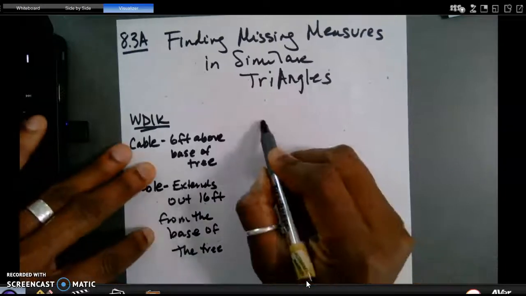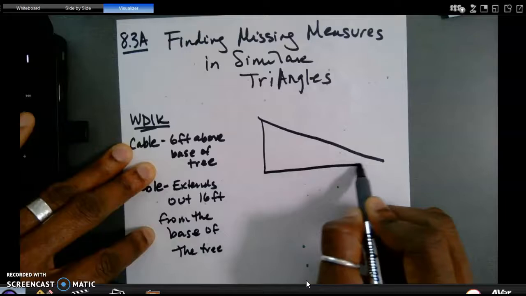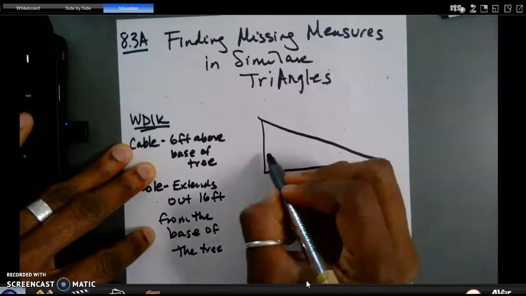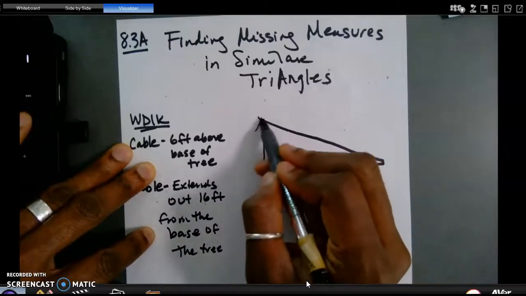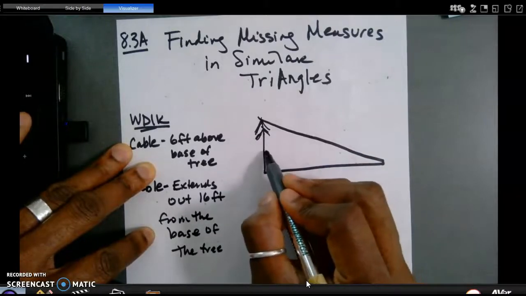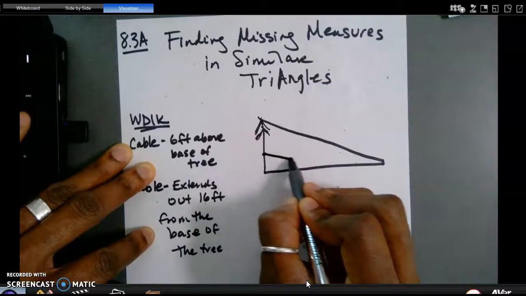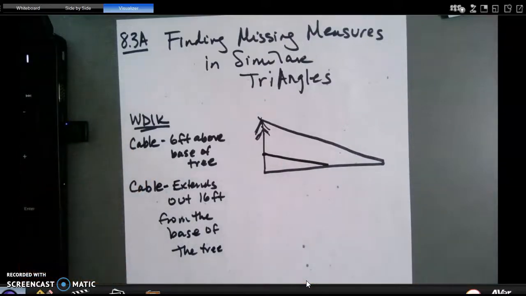So I want to go ahead and draw myself another triangle. This represents our tree, and I won't take it all the way down. We know that there is a cable which attaches at about 6 feet above the ground.